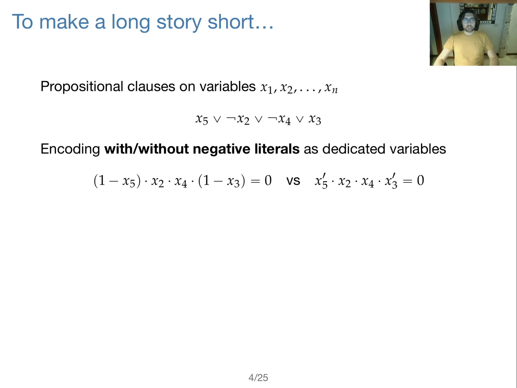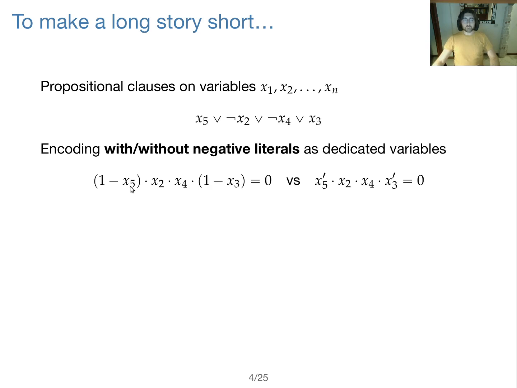So to make a long story short, if we consider a clause, which is the basic item of discussion when dealing with propositional formulas, and we want to encode it as an algebraic representation like a polynomial equation, we can decide to use or not to use dedicated variables to represent negative literals.